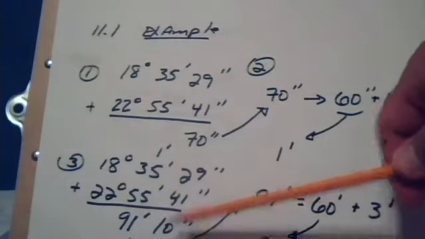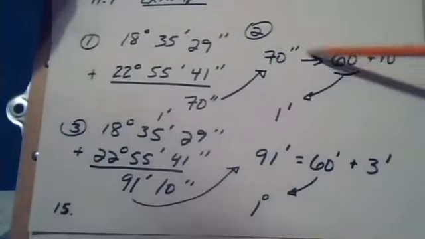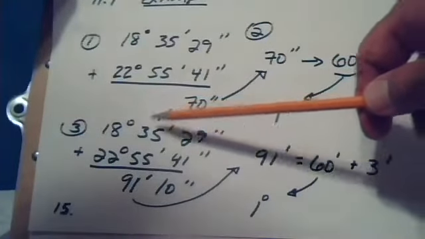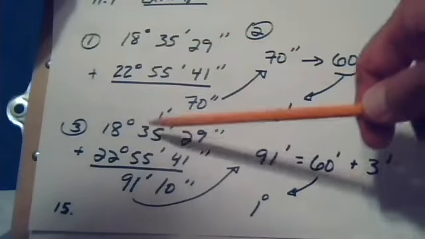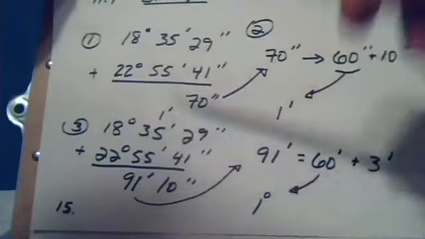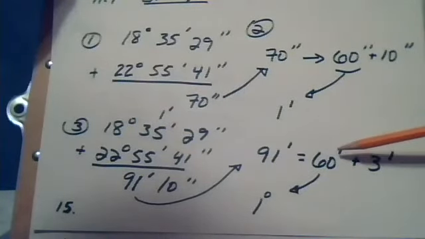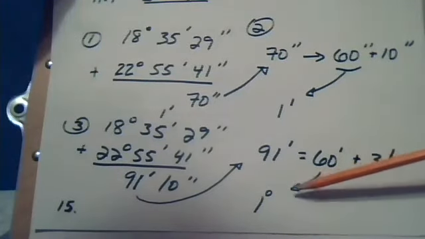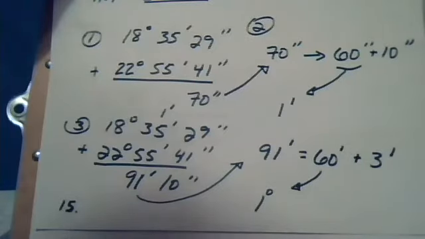You keep the 10 seconds and you move the 60 over, but it moves over not as seconds, it lands as minutes. So this is 35 plus 1, that's 36. Now you add 36 plus 55, that's 91. But 91, you could break down into 60 minutes plus 3 minutes. So this 60 minutes is going to go over as 1 degree, and the 3 minutes will stay behind.